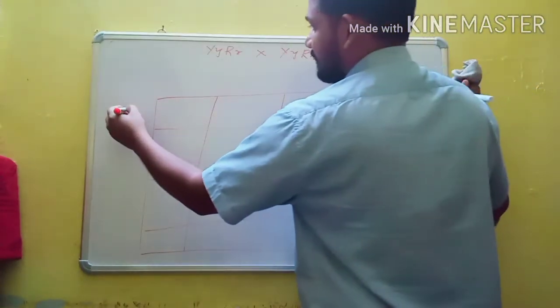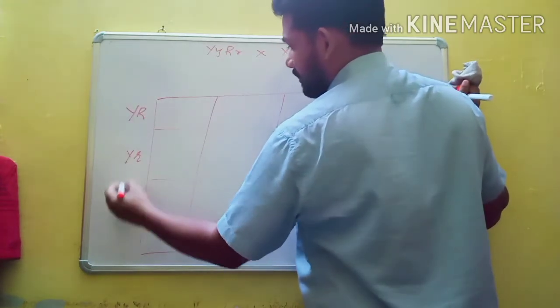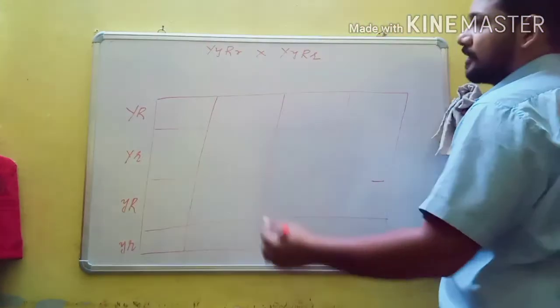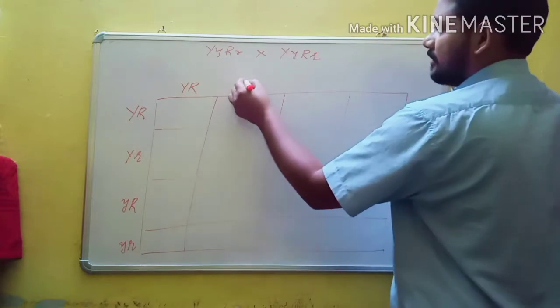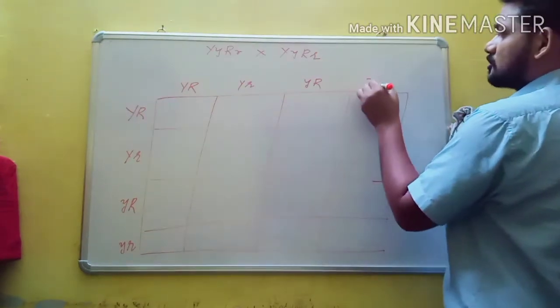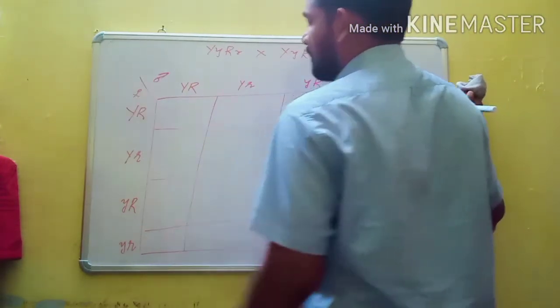The gametes are capital Y capital R, capital Y small r, small y capital R, small y small r, and here also the same. This is the male and this is the female parent.